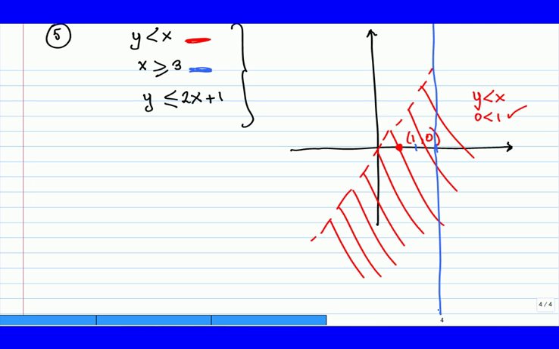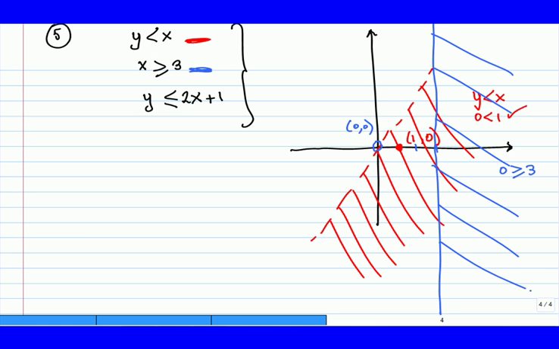And now pick a test point. Let's say I pick this point, 0, 0. I'm just going to test it. 0, is that greater than or equal to 3? Of course not. That's not true. So what does that mean? I need to shade the opposite side. So I need to shade this part.